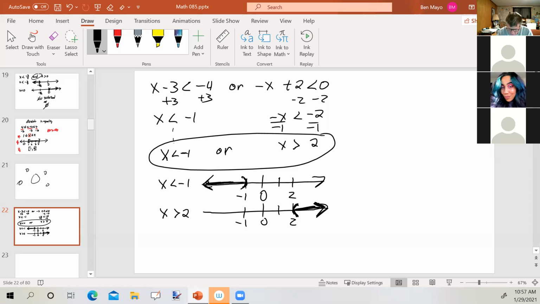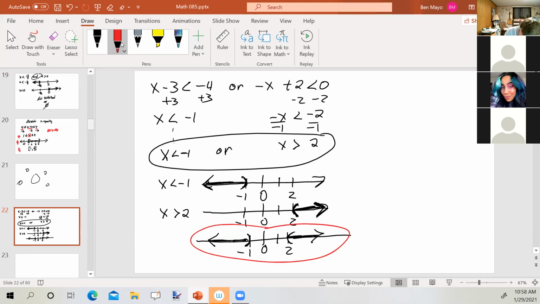Union. So my solution is all of the first and all of the second. I'm going to take all of Maui and all of Oahu, both those islands, they're in the union called Hawaii. So my graph of the actual solution is going to be this piece as well as that piece. So that's the graph of the solution set.